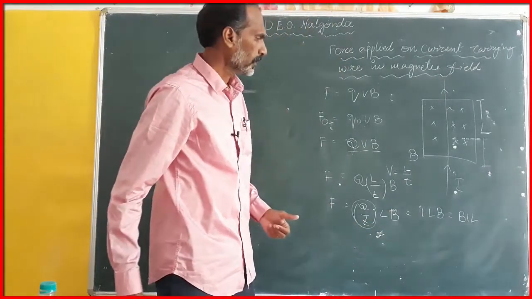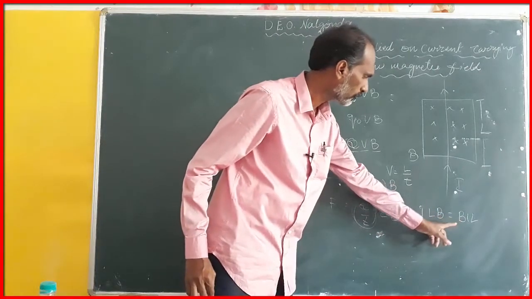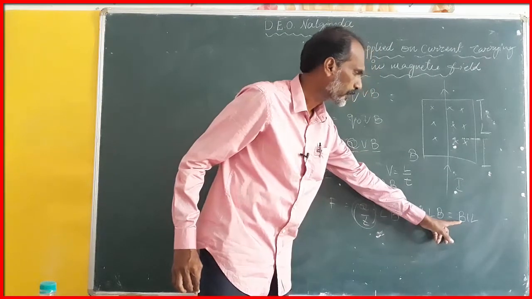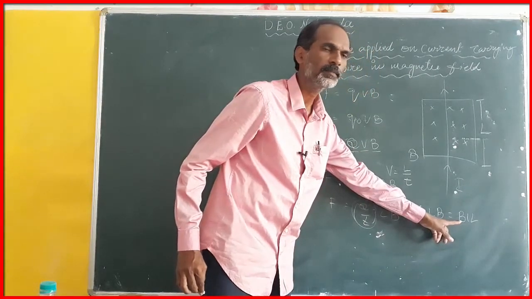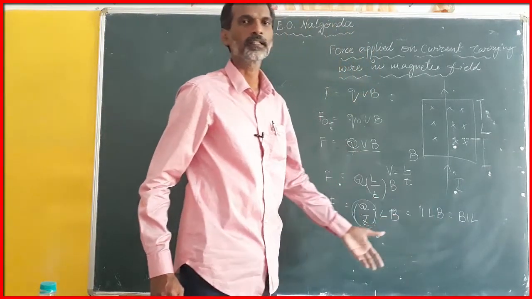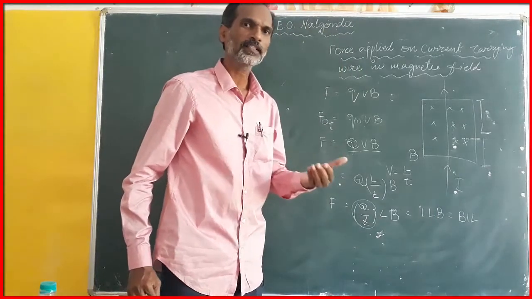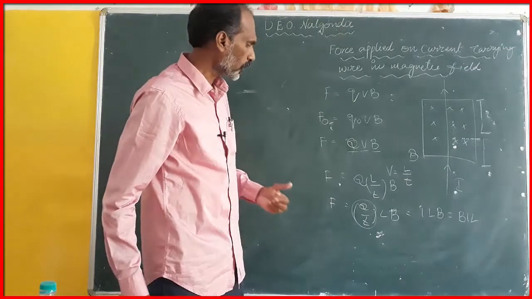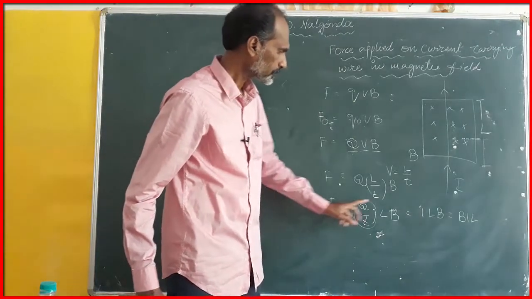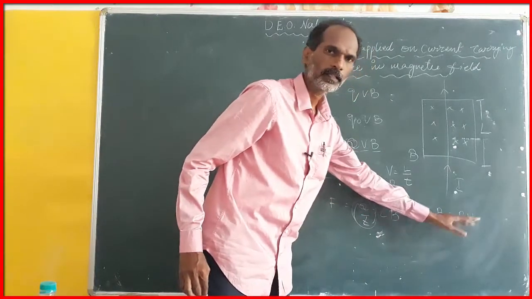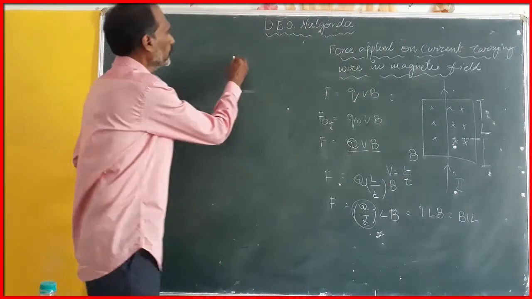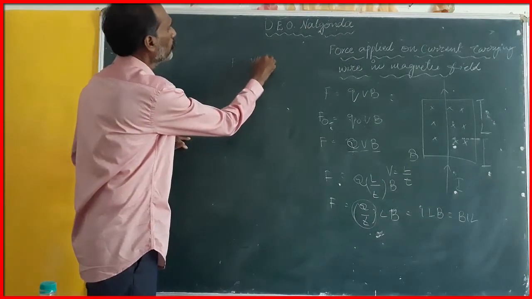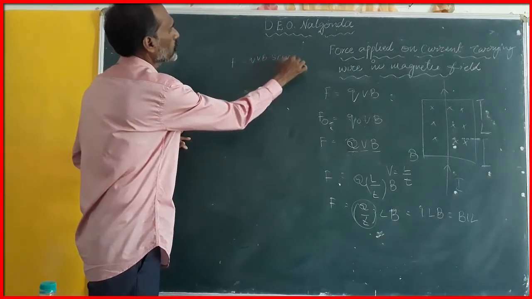Now, for example, if the electric current is passing in the same direction as the magnetic field, it means both are in the same direction. Then we will not find any force applied on the current carrying conductor, because we know F equals Q V B sin theta.